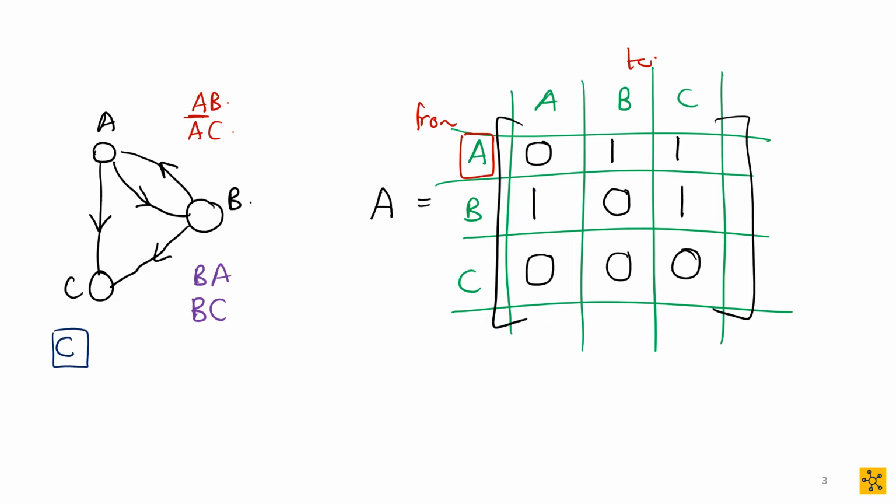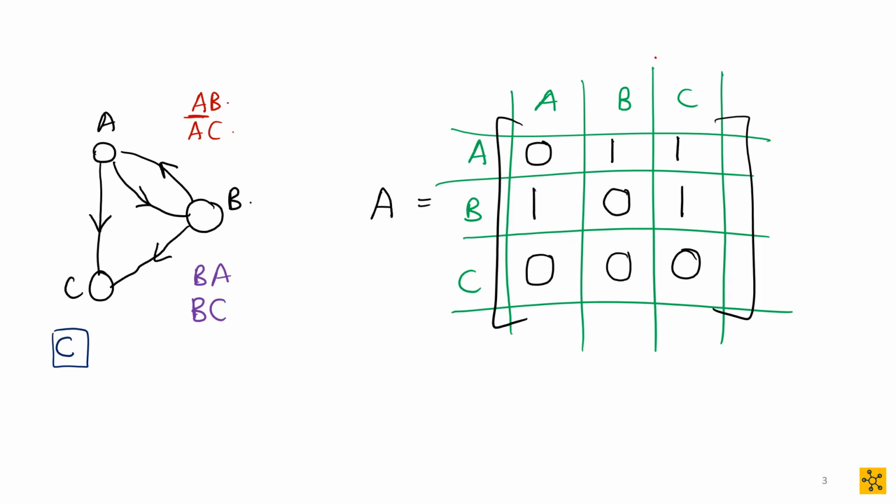Now, we have an adjacency matrix. Can we work out the in degree and the out degree from the adjacency matrix? It's sitting over here. Let's just clean up some of the stuff here. Can we work out the in degree and the out degree?